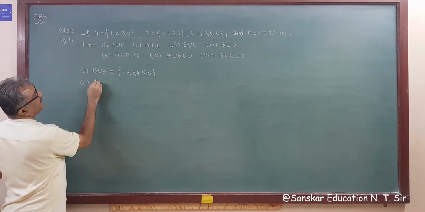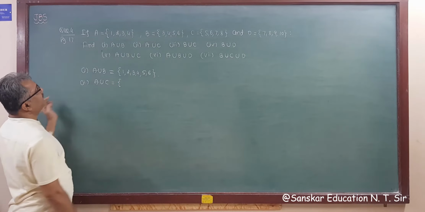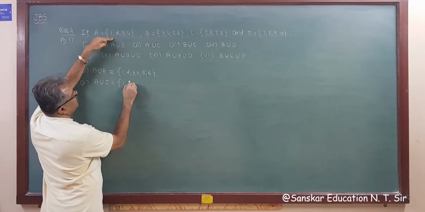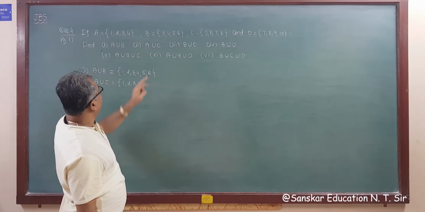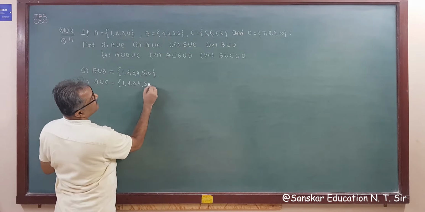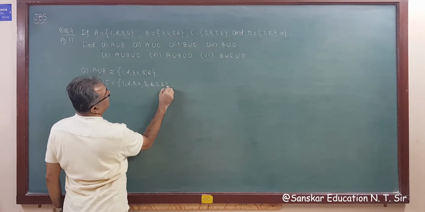Second, A union C. First I write A, so this is 1, 2, 3, 4. Now C: 5, then 6, then 7 and 8.